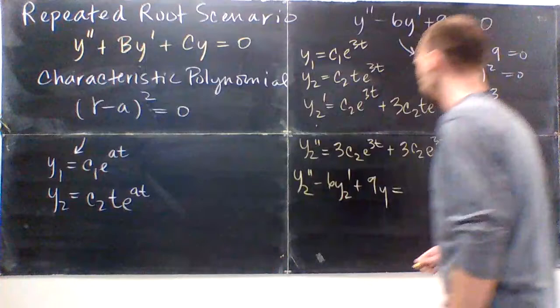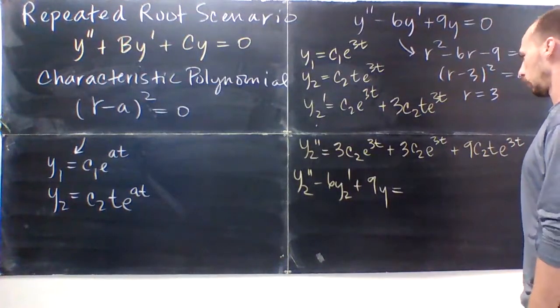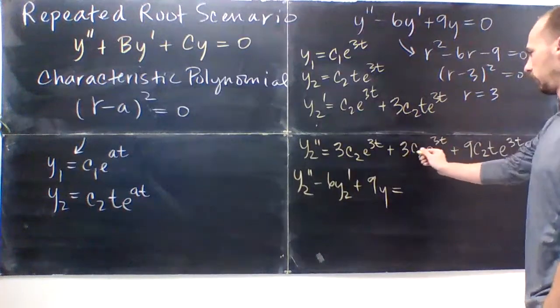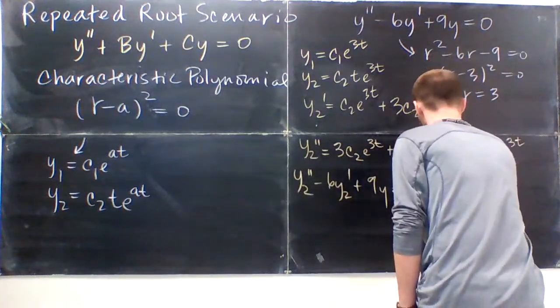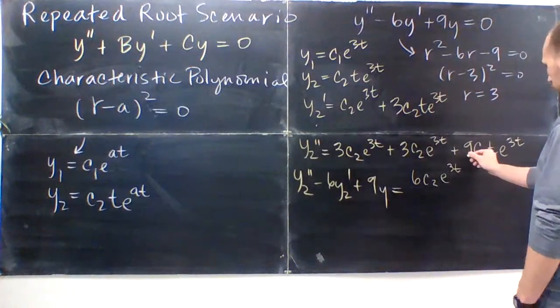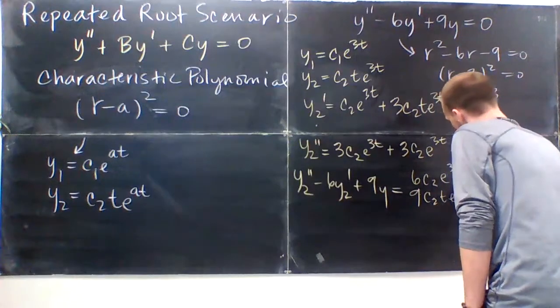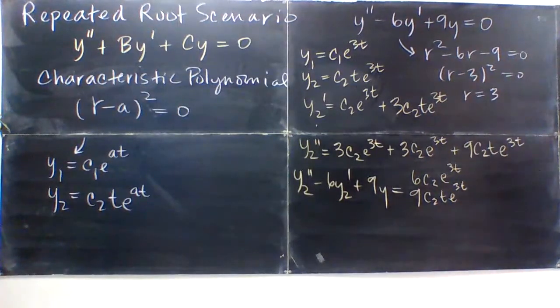What does that equal? Okay, well, y2 double prime is 3c2 and 3c2 is 6c2 e to the 3t plus 9c2t e to the 3t. All right, that's my y2 double prime.